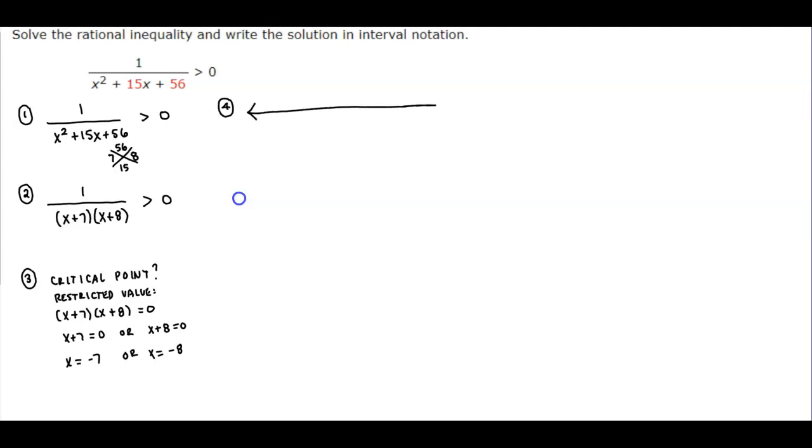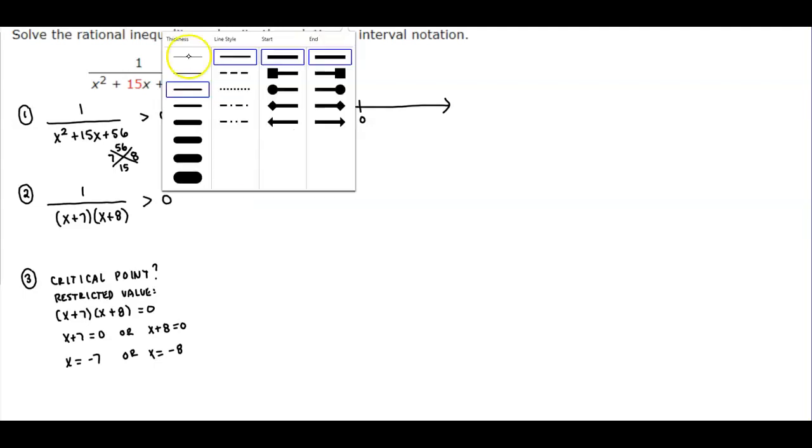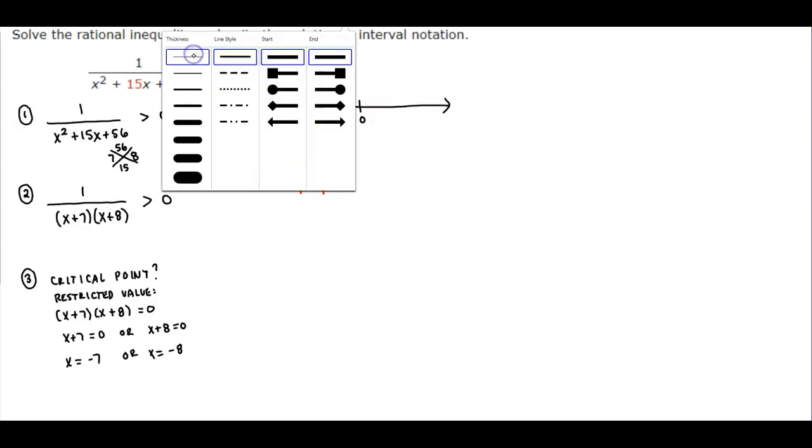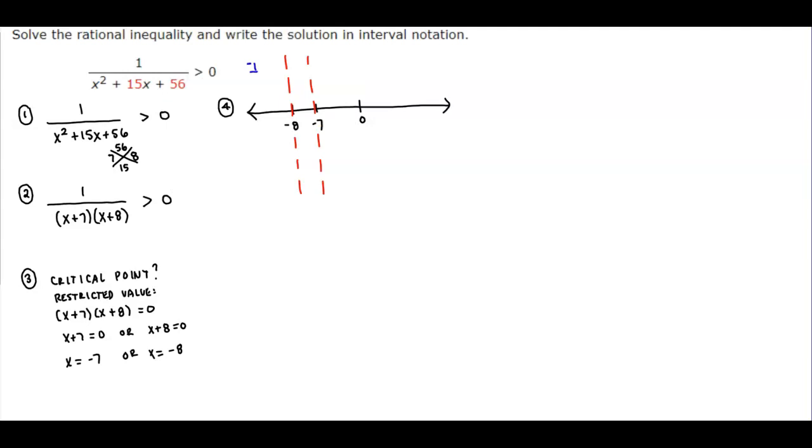So now let's draw our graph. So we have 0, -8, and then -7. Now we're going to create our regions. We have region 1, region 2, and region 3.